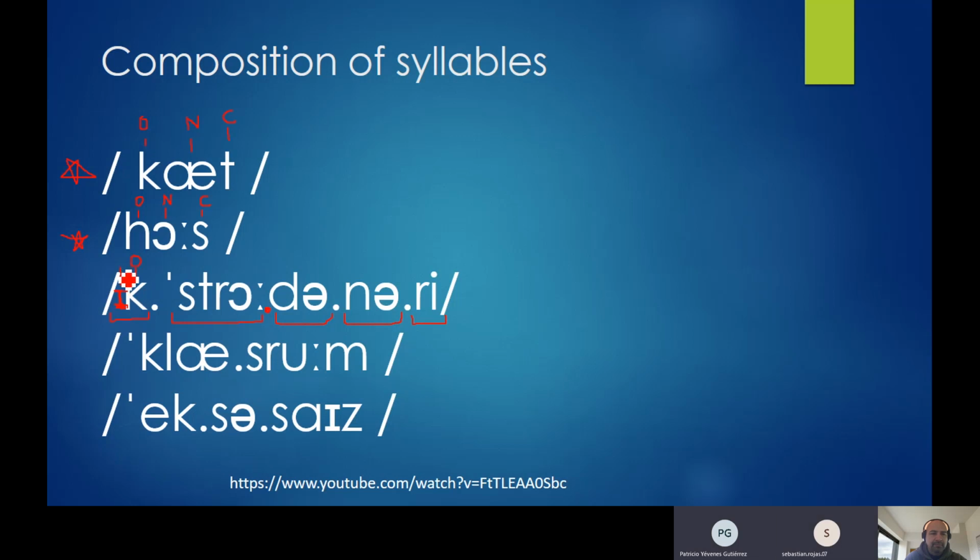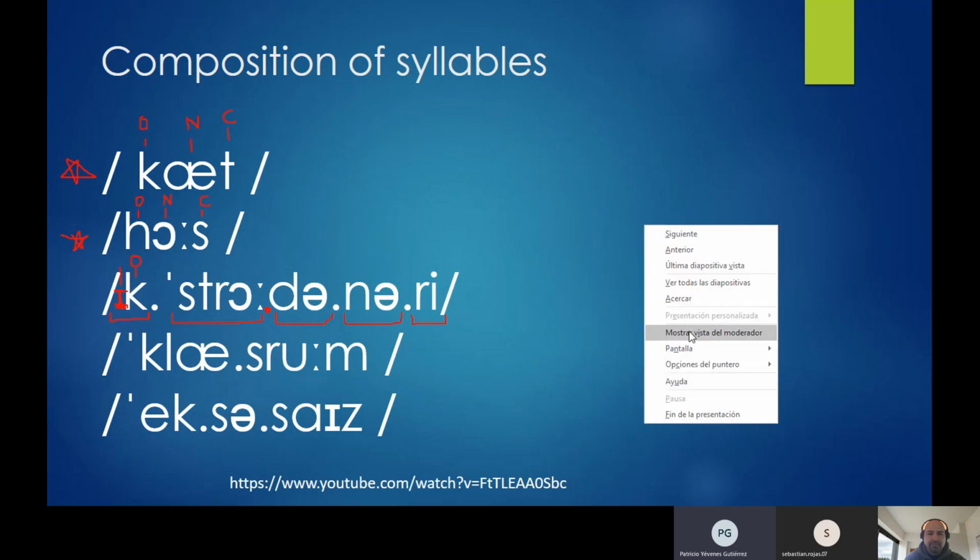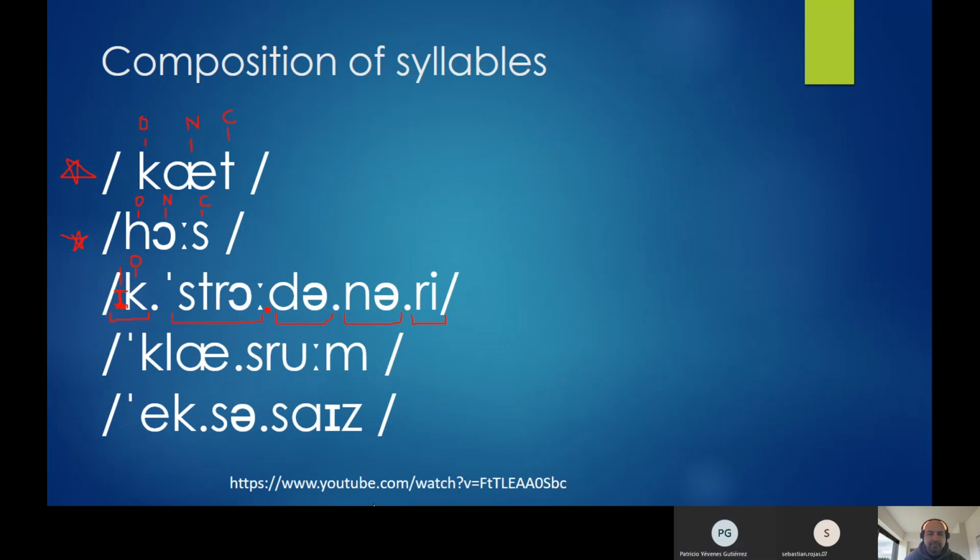And the nucleus is the vowel sound o or u. I don't remember. I think we need to identify onset, nucleus, and coda for each syllable.